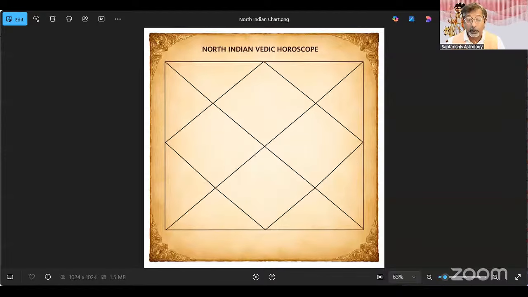Now, what is important is to understand Saturn here can affect the health of the relatives from mother's side very badly.